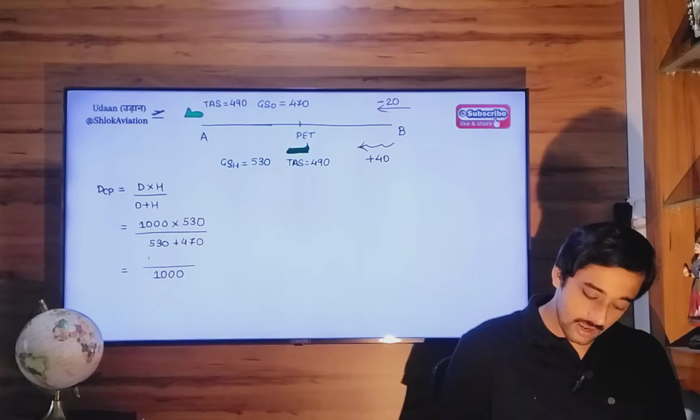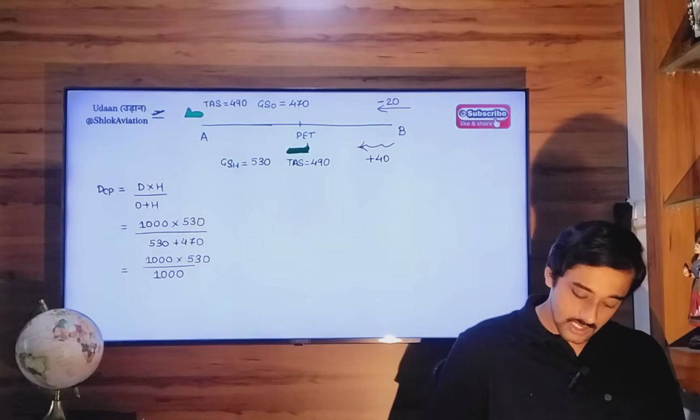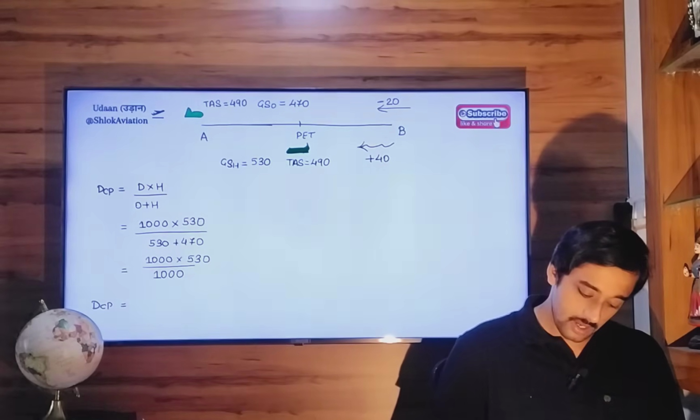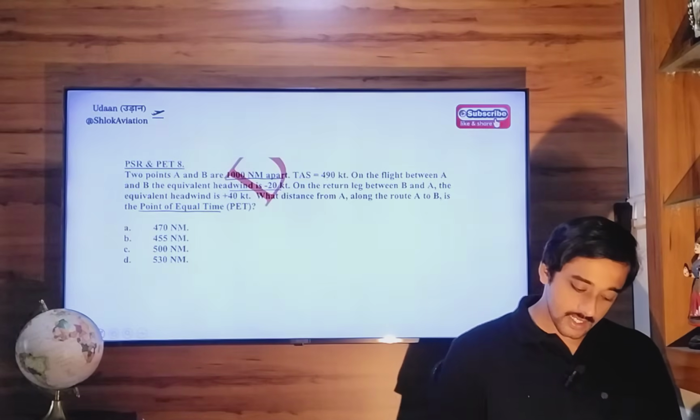In the numerator we have again 1000 into 530. So distance to critical point will be 530 nautical miles. Okay, so correct answer is option delta.